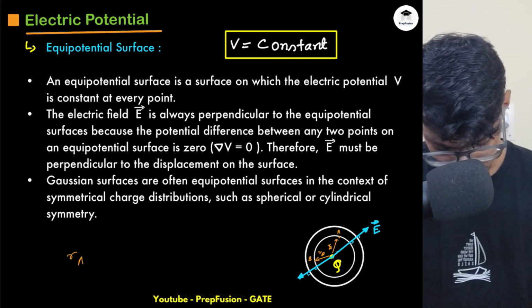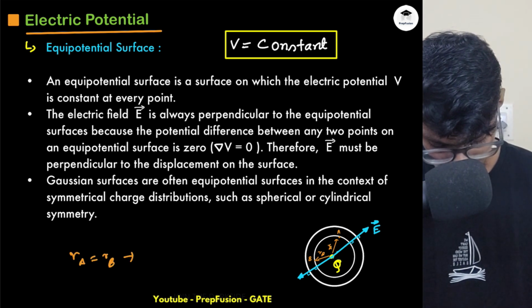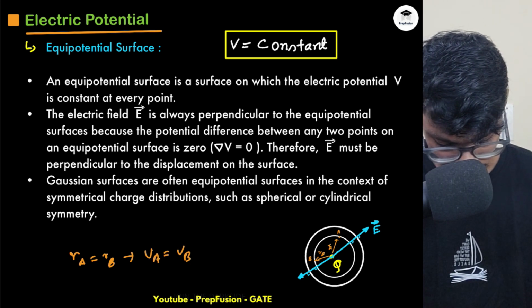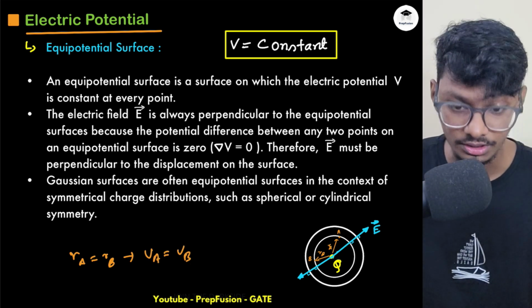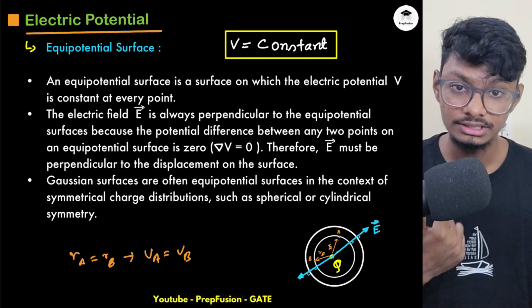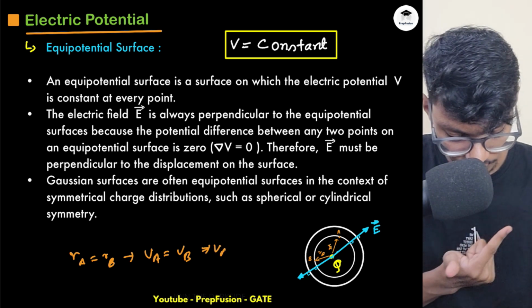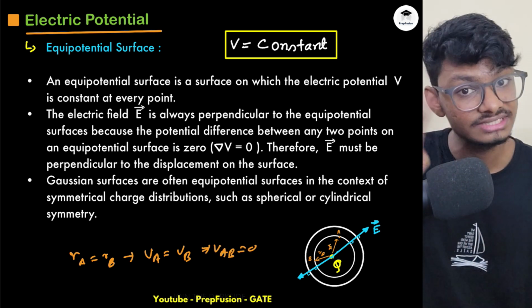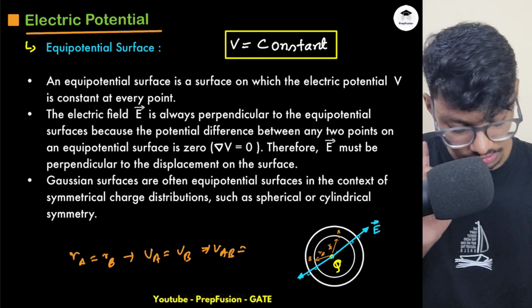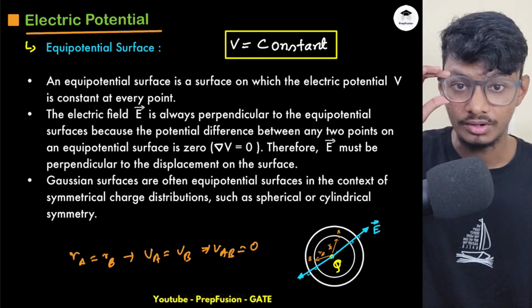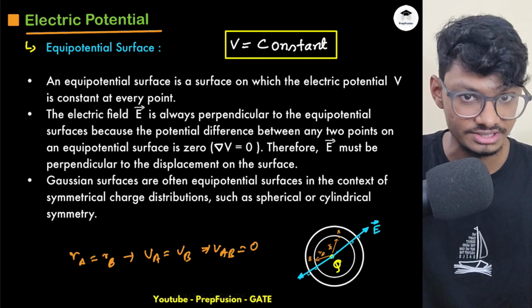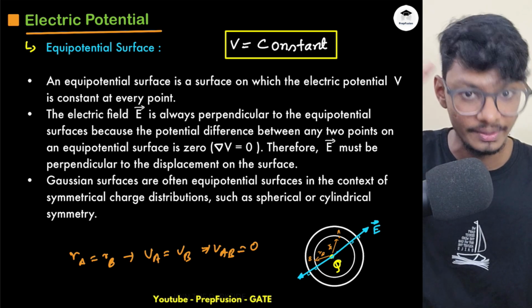RA is equal to RB. That means VA is equal to VB, so the potential difference VAB will be 0 as they are at the same potential. The electric field won't be 0, but I can say this is an equipotential surface, as the electric field will be perpendicular to this.